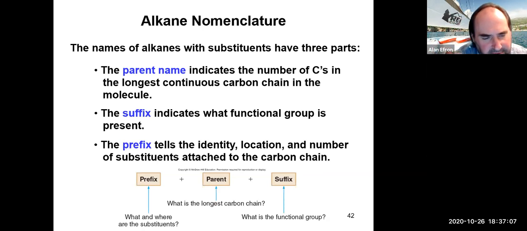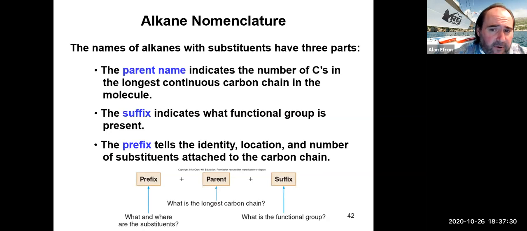So you have to start at one end until you hit a dead end, and then you stop. And then you start at a different starting place and hit another dead end. Again, no back and forth in terms of counting. Whatever that longest continuous carbon chain is will match one of those 10 alkane names, and that will be the base of your name.